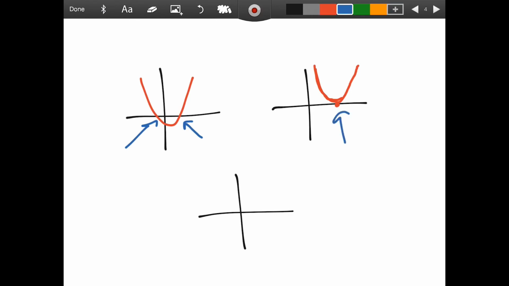So there might only be one answer depending on how you've drawn it. And it could be possible that you have no solutions. The parabola never touches the x-axis. Then you'd have no solutions and that would be your answer. I think that today all of your graphs will probably hit the x-axis at least once, but I'm just trying to acknowledge that those are possibilities in the future.